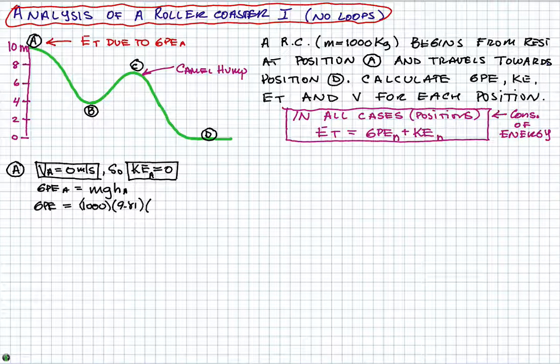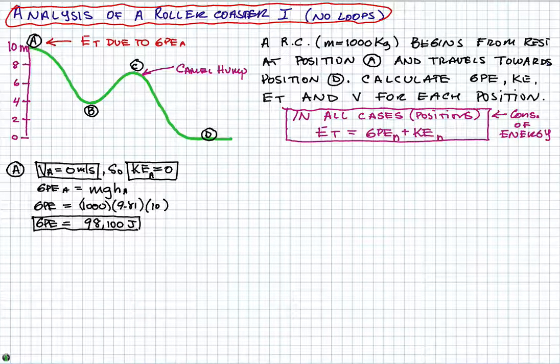And at position A, we're at a height of 10 meters above the ground. So GPE works out to 98,100 joules. So that's how much energy we have.